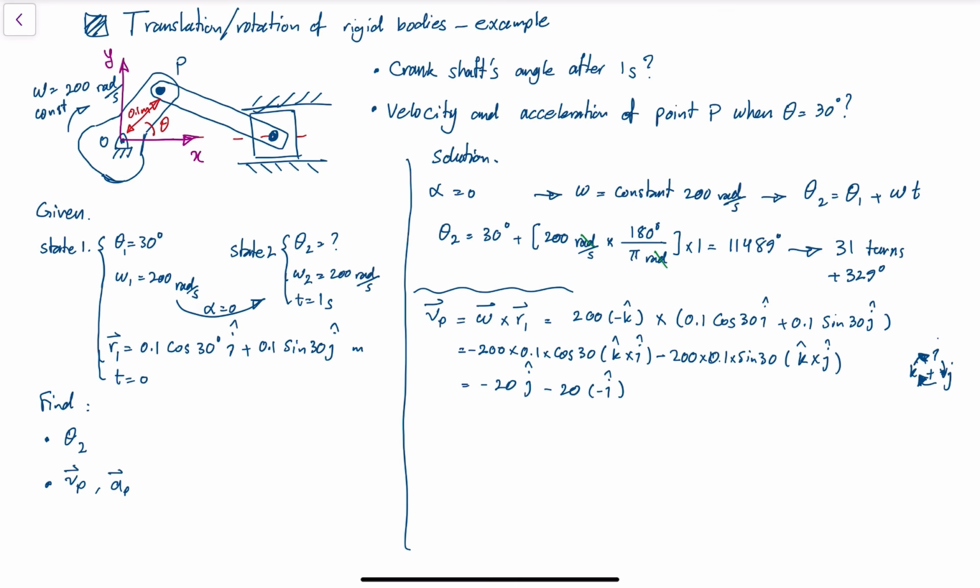Okay, now I have minus 20 cosine 30 j, and the minus with that minus cancels.